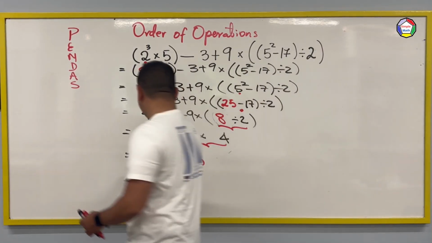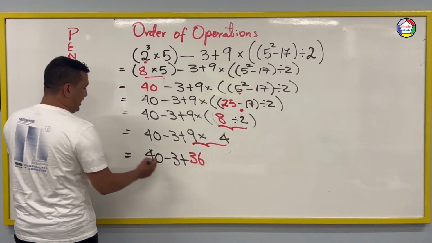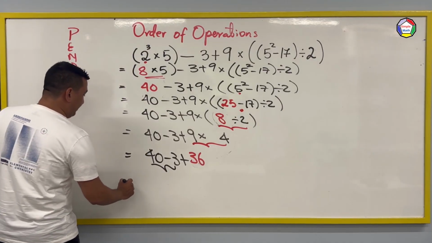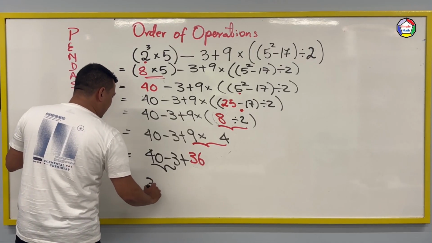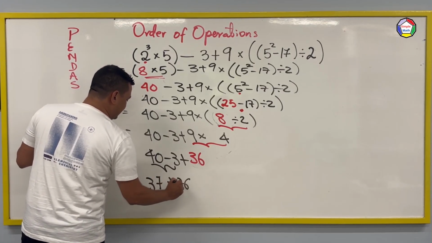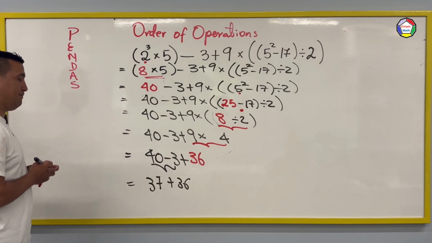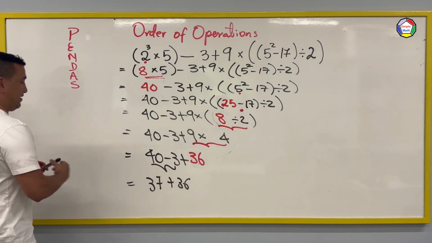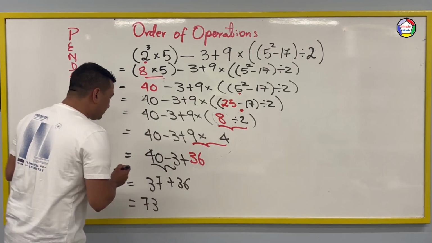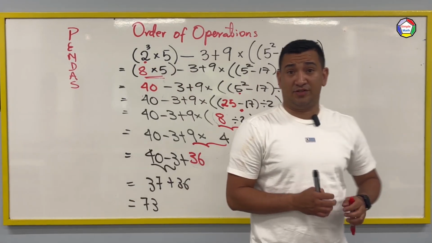So from left to right, the first thing I have is a subtraction, 40 minus 3. So 40 minus 3 equals 37. 37 plus 36. How much is 37 plus 36? 37 plus 36 is equal to 73. And that's the answer of my exercise.